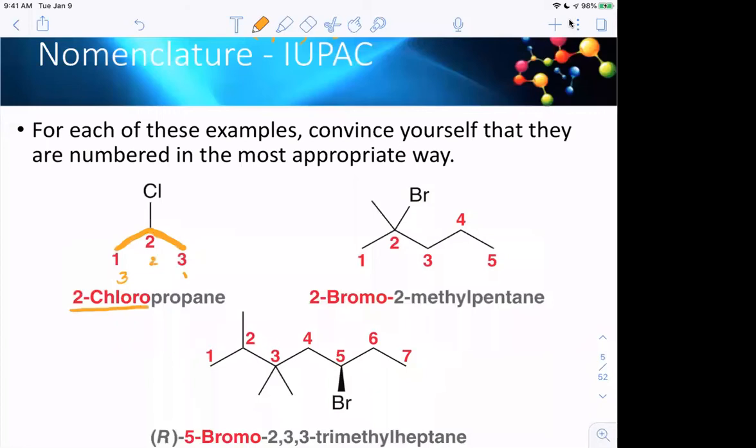Here, I could number that way, but then my methyl and my bromo would be on the 4 carbon. I always go with the lowest number for that first encountered substituent. So I have to number in that direction in order to do that.